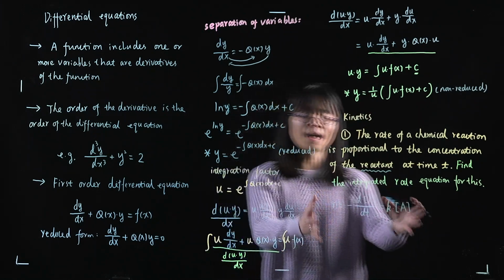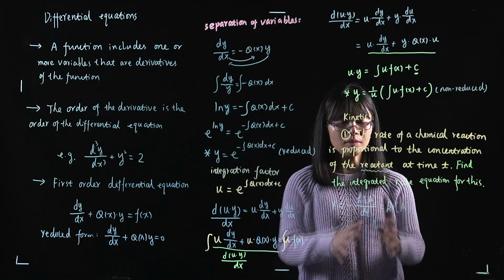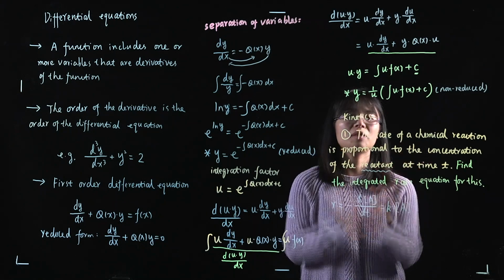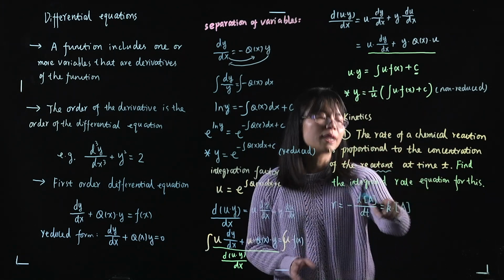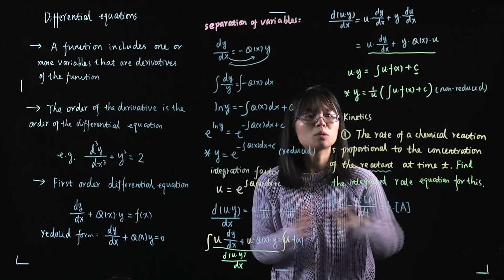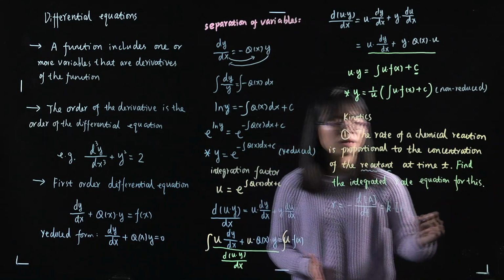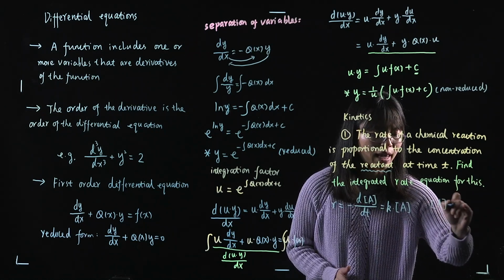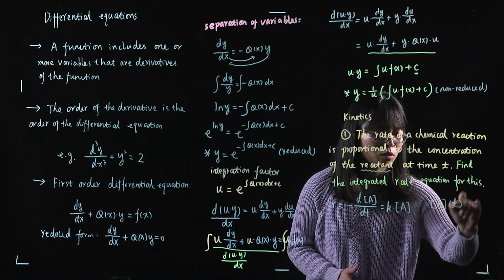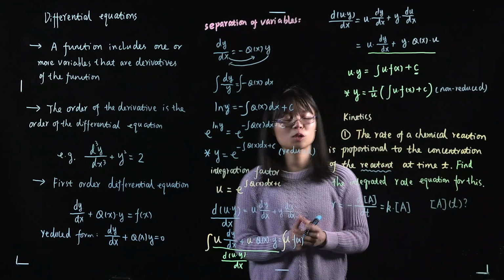So far I have set up the equation I'm trying to solve. In order to find the integrated rate equation of this process, basically I'm trying to find out the expression of my function A, which is a function of t. This is what I'm trying to solve.